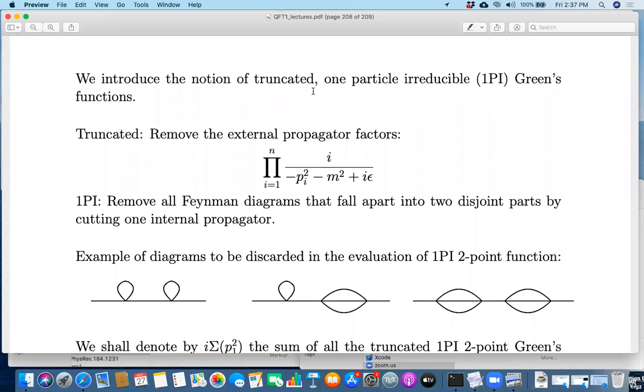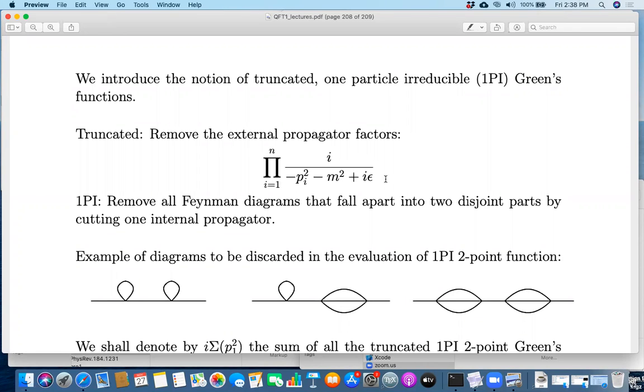Truncated Green's function basically means that you just remove the external propagator factors. In every Feynman diagram, we know that there are external propagator factors like this, and you just remove those.